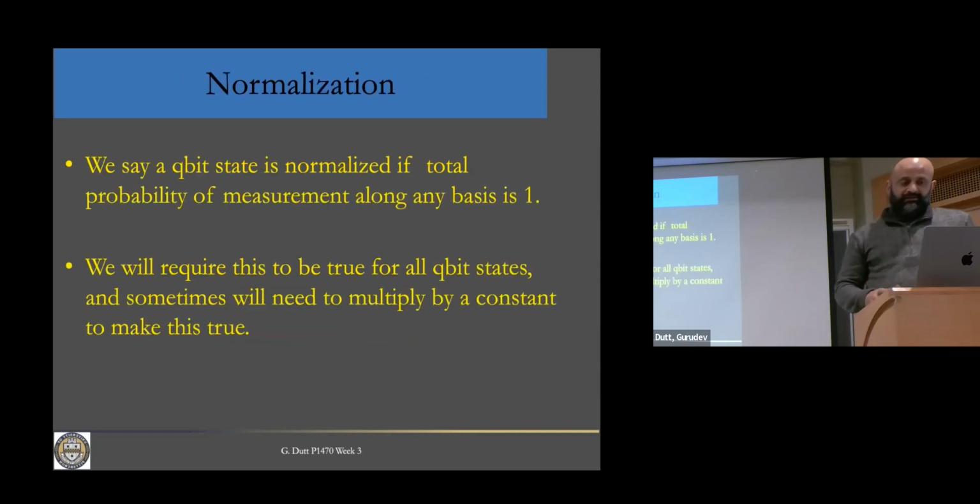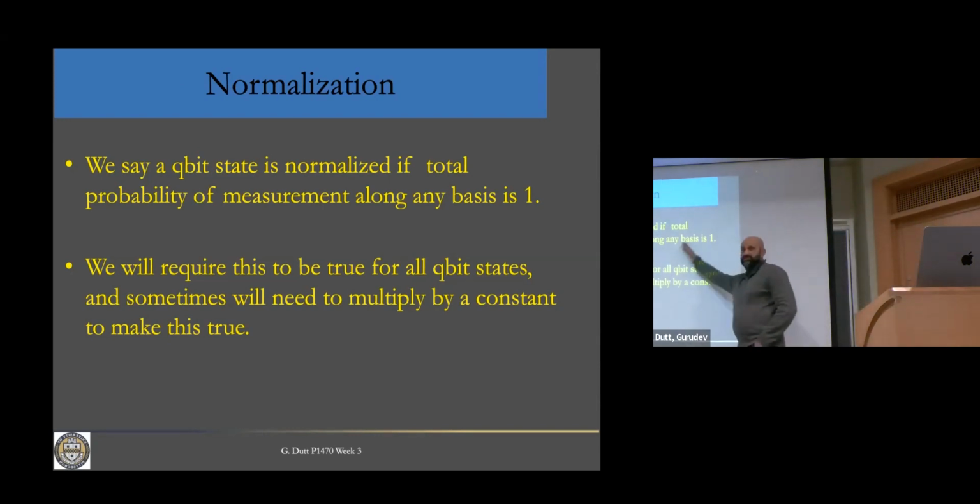This just summarizes what I've already said. We say a qubit state is normalized if the total probability of the measurement along any basis, whether it's 0, 1 or plus, minus, whatever, is always 1. We require this to be true.